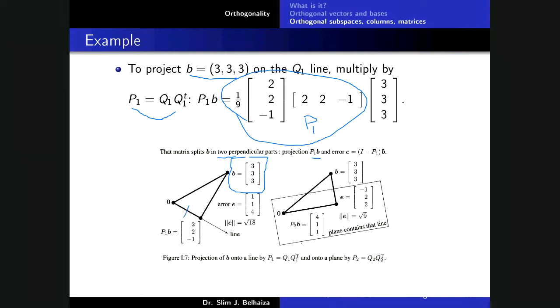So b, which was here, (3, 3, 3). Here it is. This is the vector, guys. You see the one on top, this is the hypotenuse. Projected on the line (2, 2, -1), it gives you this part. This is P1 b. And the remaining part is the error of projection. We call it the error of projection. It is given by I minus P1 applied to b.